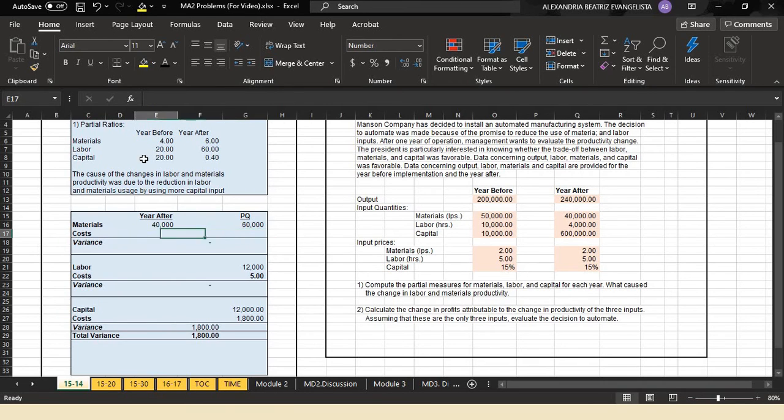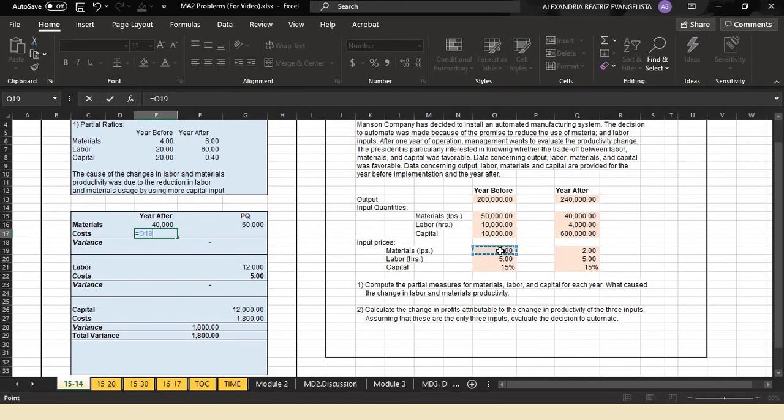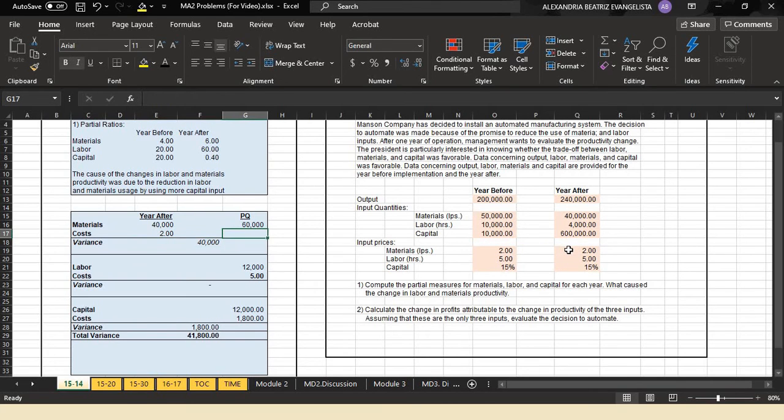Okay, so now let's place the costs for this one. So for the year after, that is 2. And this is 2 as well.